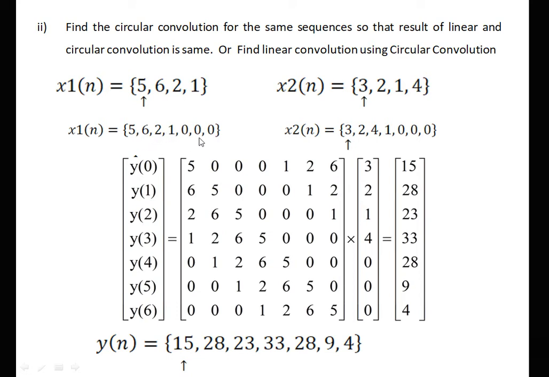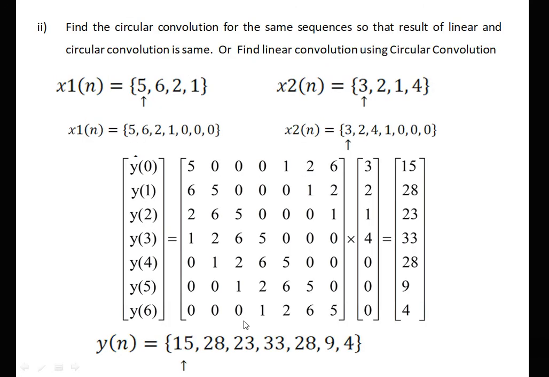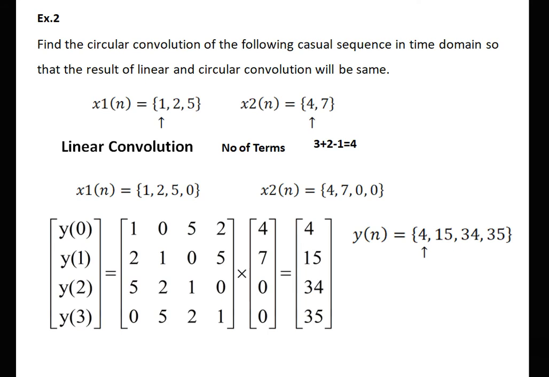Therefore, 5, 6, 2, 1 with 3 extra zeros added. Now we do the circular convolution with these 7 terms and get the result. We can see that the result of linear convolution and the result of circular convolution are the same. So in this way, by adding extra zeros to the signal, we can obtain the linear convolution using circular convolution.